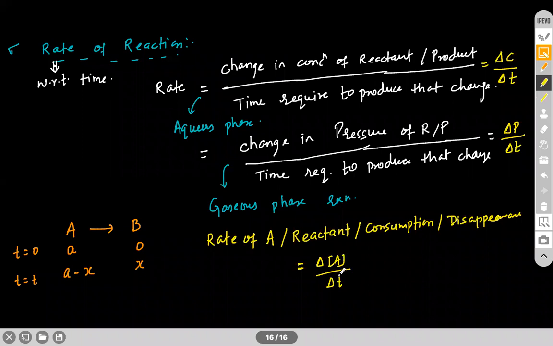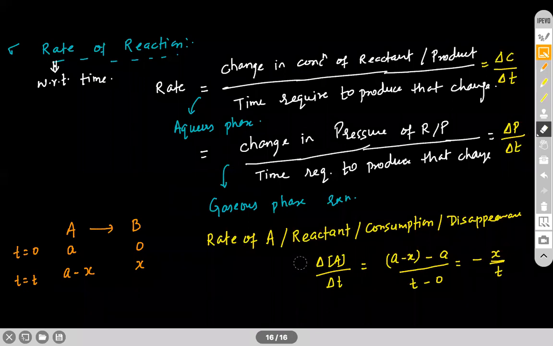Now when you solve this, at time T it is A minus X, minus the concentration at 0, it is A, divided by the time, T minus 0. Did you get it? This expression? Yes, sir. Right? So finally we get this as minus of X by T. Okay, so this is the expression we get.